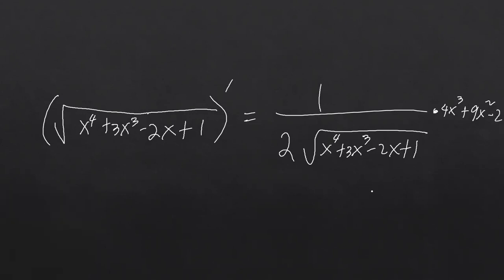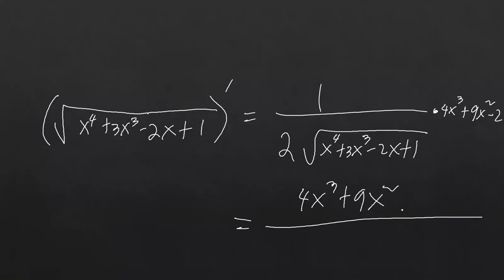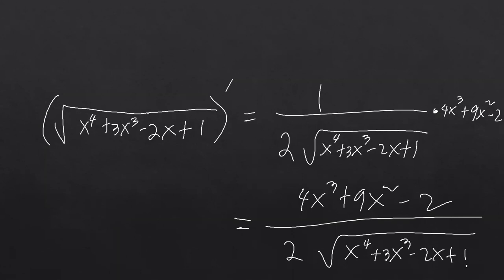And the derivative of 1 is 0. By that, your final answer becomes 4x cubed plus 9x squared minus 2 all over 2 square root of x to the power of 4 plus 3x cubed minus 2x plus 1. So that's the derivative of a square root.